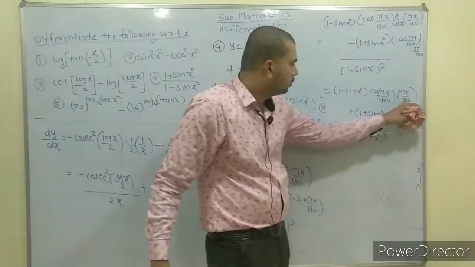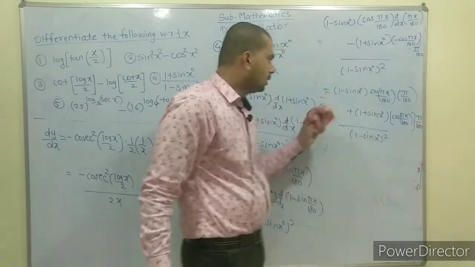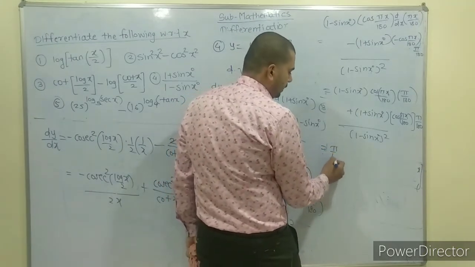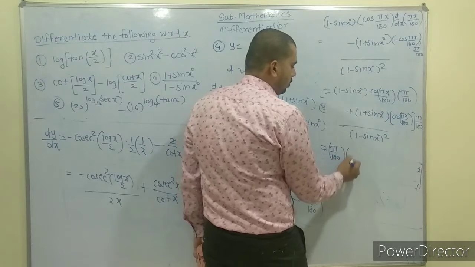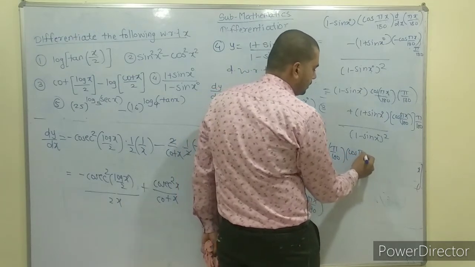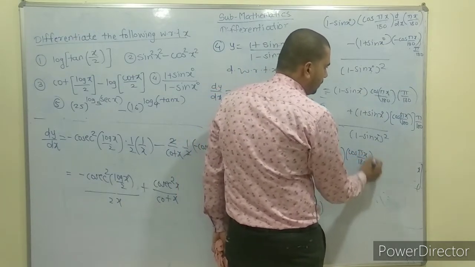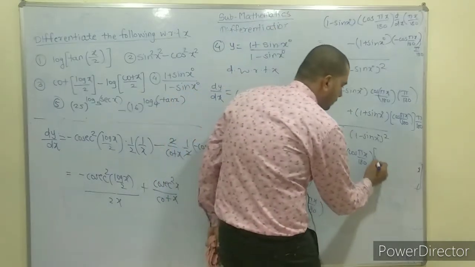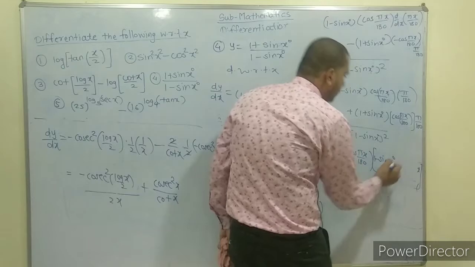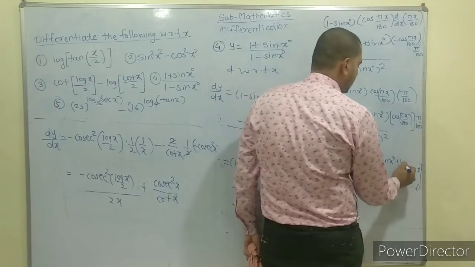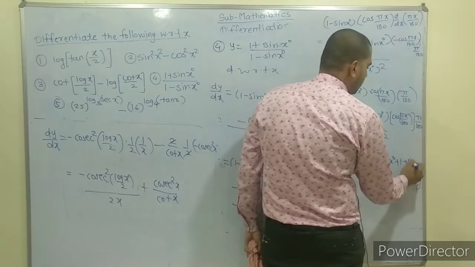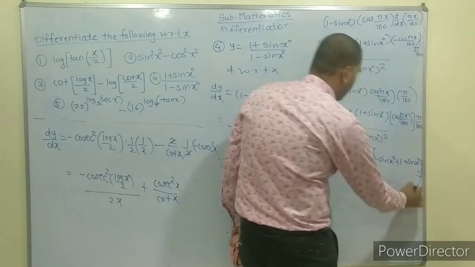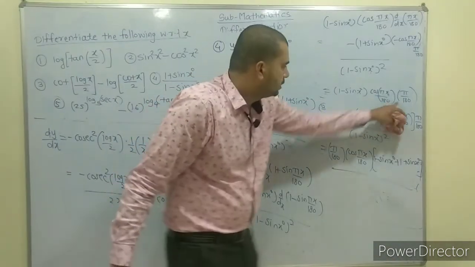I am taking these two terms common, so I get pi by 180 cos(pi x upon 180) in bracket. What is in the bracket? 1 minus sin x degree plus 1 plus sin x degree, divided by these two terms taken out.